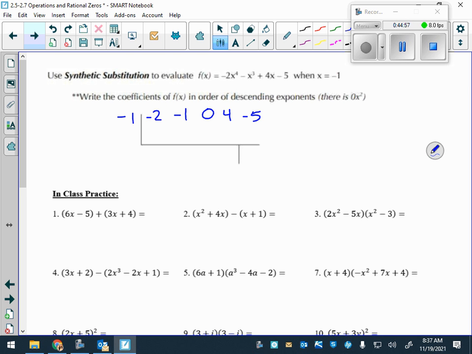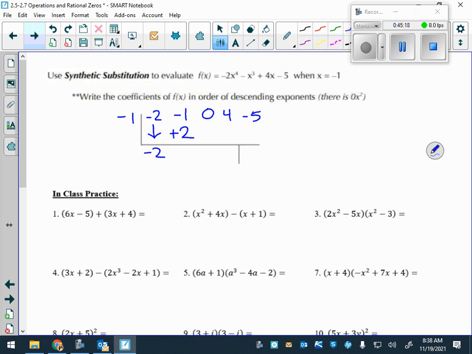So how do we start this process? What do we do first? Bring down negative 2. Then what do we do? We get 2.